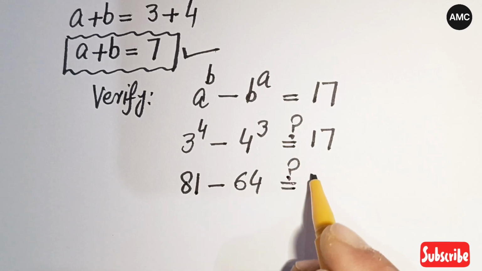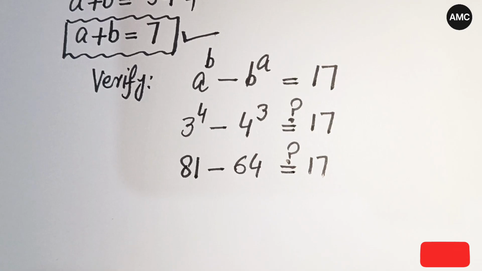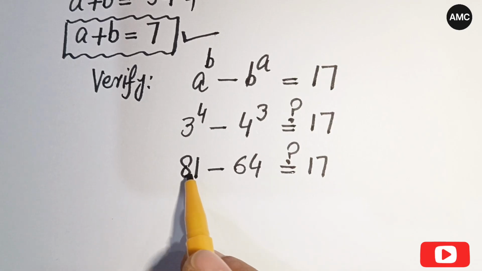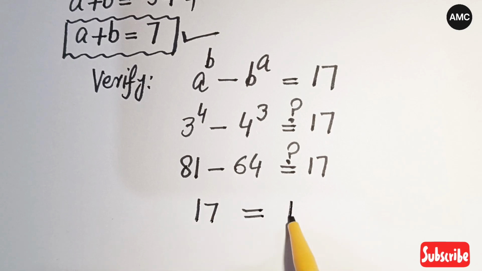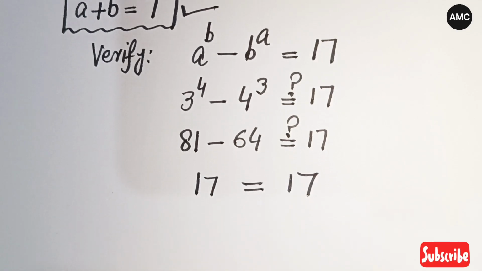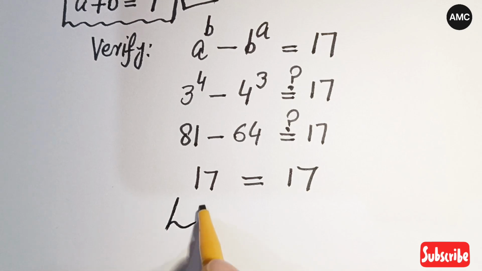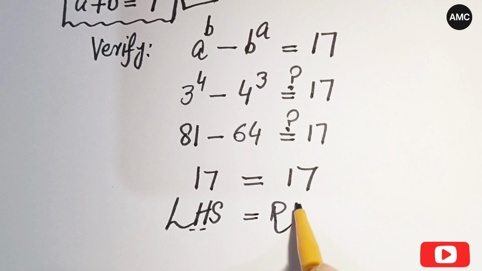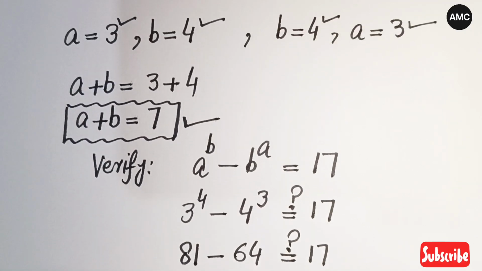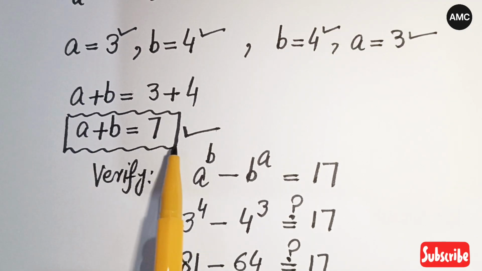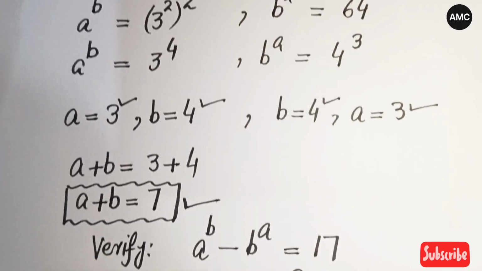Is it equal to 17? Now if we subtract 64 from 81, we have 17. So 17 is equal to 17. Now our left hand side is equal to right hand side. Hence we prove that the values of a and b are valid for this problem. So our final answer is a plus b is equal to 7.